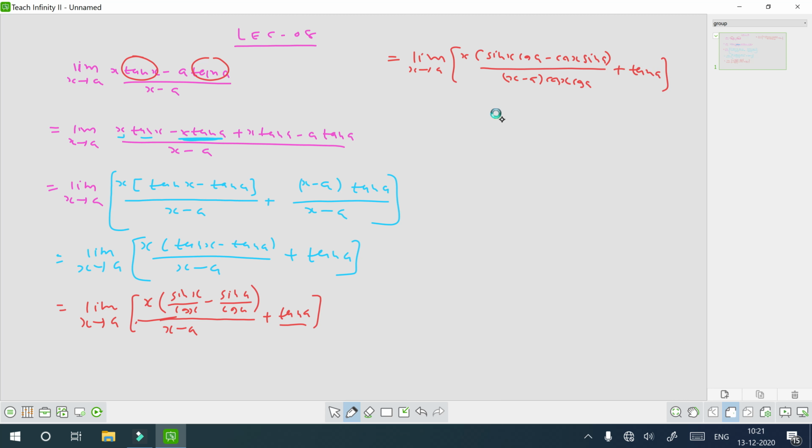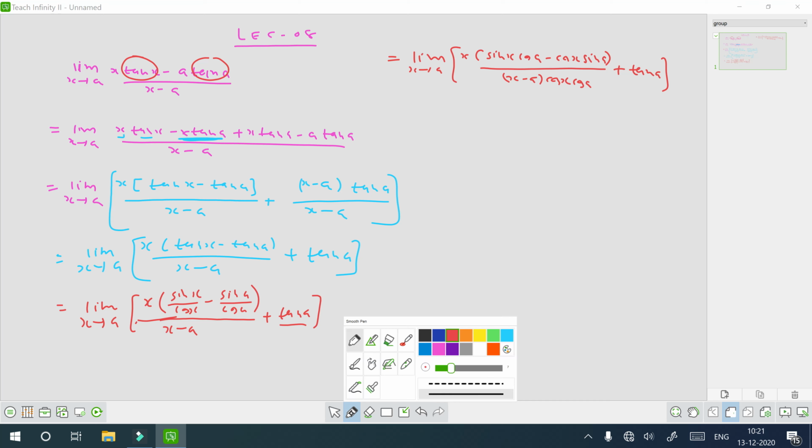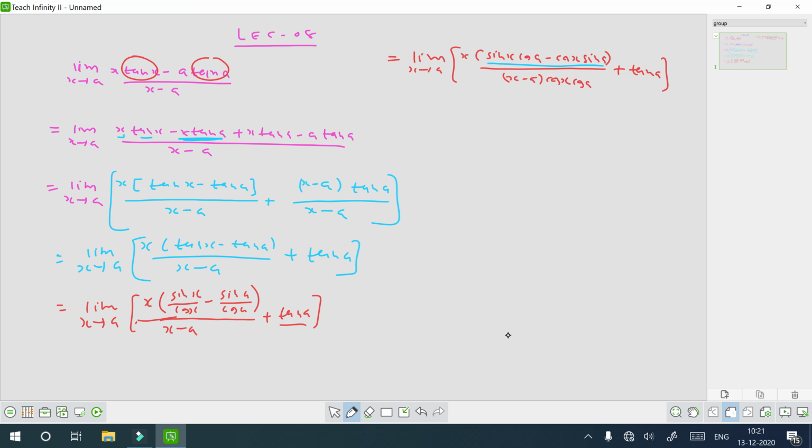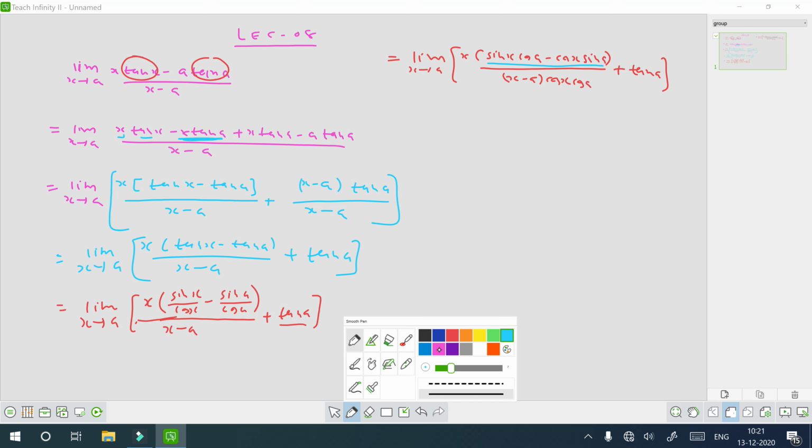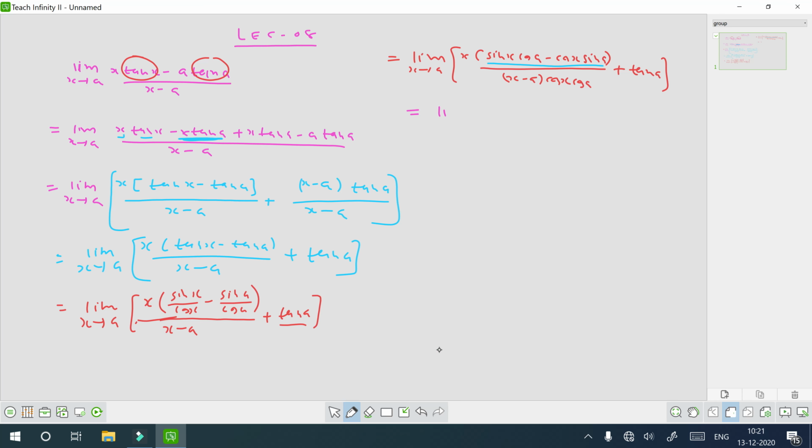Agree with me? Yeah. Now you can see that this one is some standard form. Which one? Please tell me. That is equal to limit x tends to a, x sin(x minus a) over x minus a into cos x cos a, plus tan a.